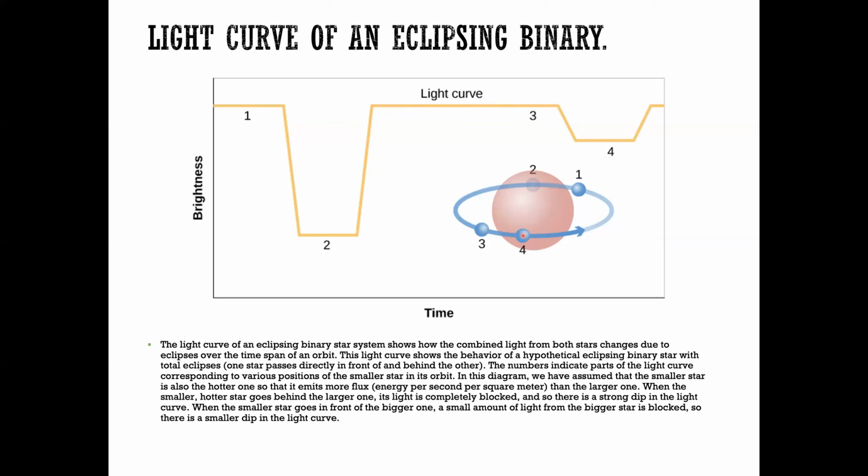And then you can see that when the small blue star comes to the front right here at position 4, now make sure that you understand a small part of this large star is blocked by the small blue star, right? So which means when you look from Earth, you will see both the stars, but you will not see the complete red star because this small blue star has covered a small part of this large red star, right?